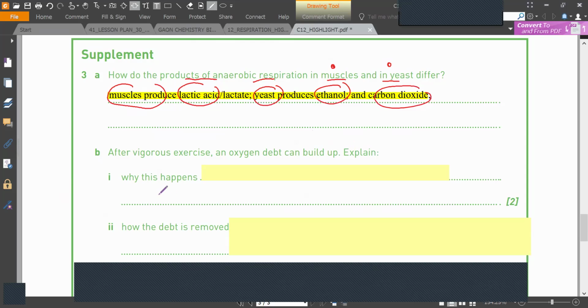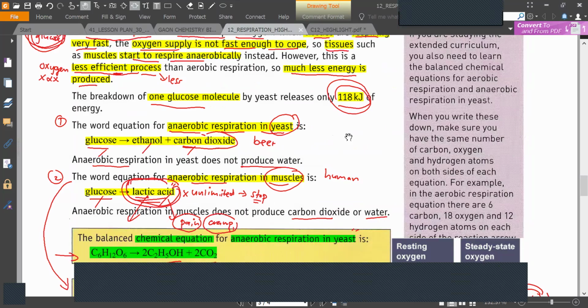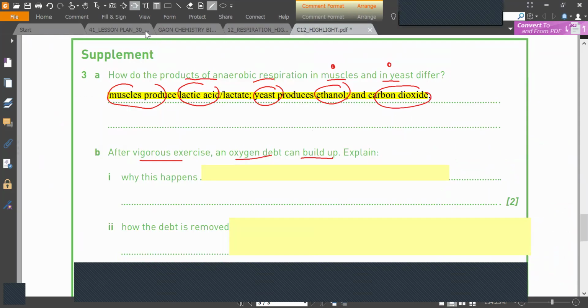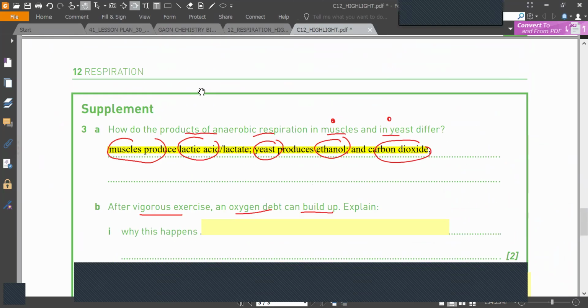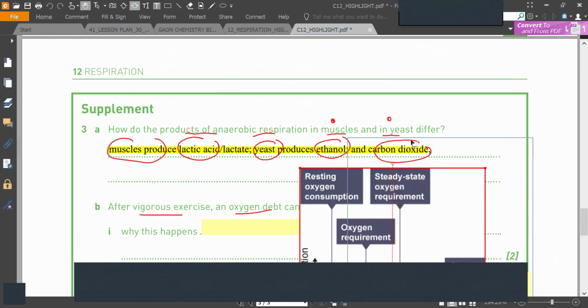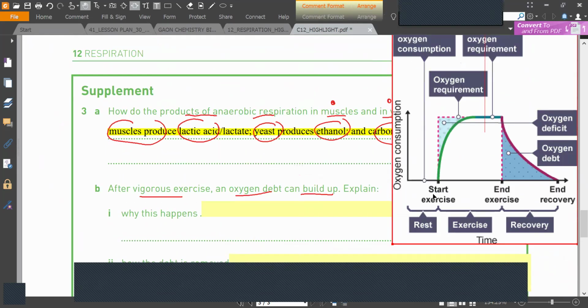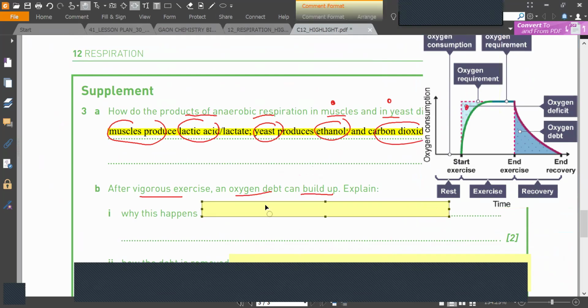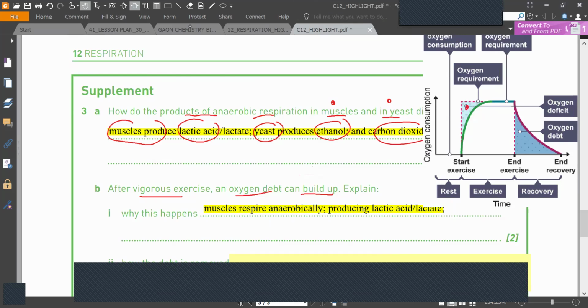After vigorous exercise, oxygen debt can build up. Explain why this happened. So this is the oxygen debt here. Why did this happen?